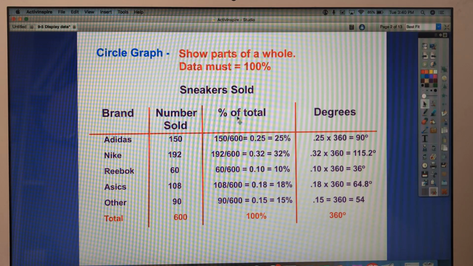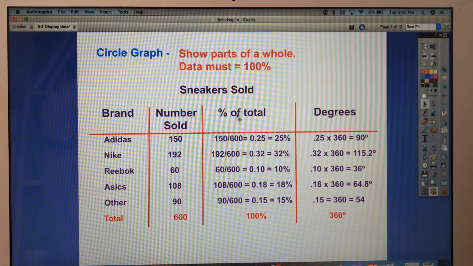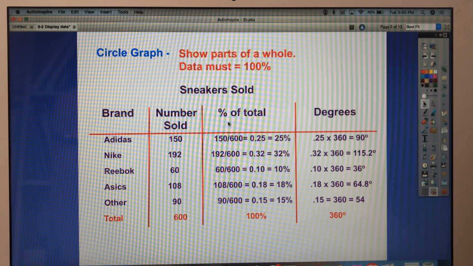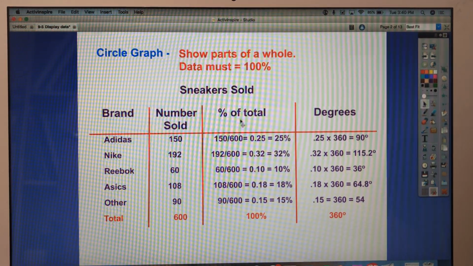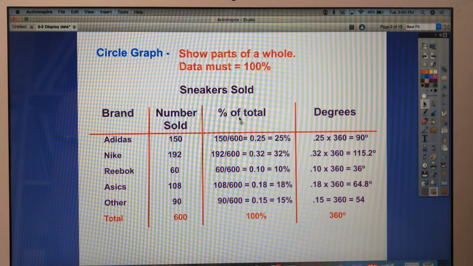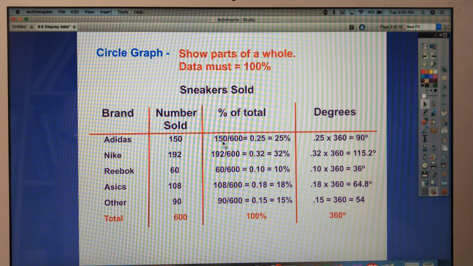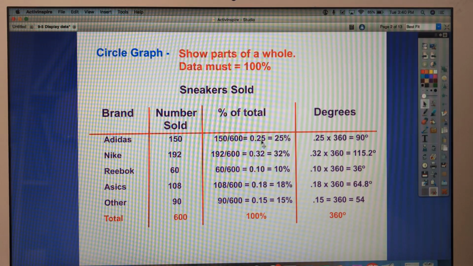Hopefully all of us remember that the word of means multiply. And if we're going to do percent of total, you can either do a division problem because division is related to multiplication. And in this case, that is exactly what we're going to do. We're going to set up ratios. 150 out of 600 equals 0.25.